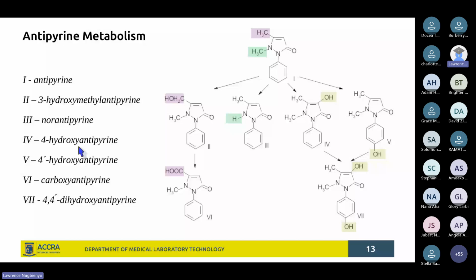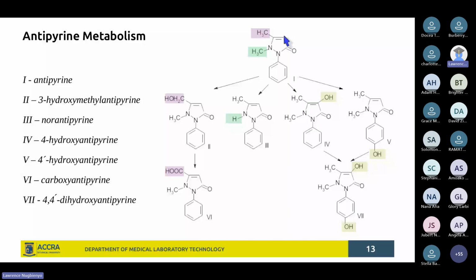Now, the next arrow. Here you see compound 4, which is formed. I've shaded the hydroxyl group on it there. And you can see the original compound antipyrine is not having any group on that carbon there, carbon 4. There's nothing there.